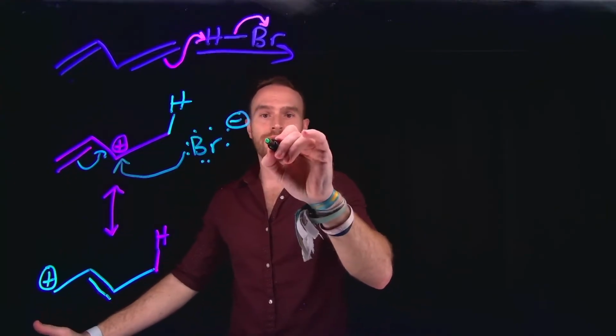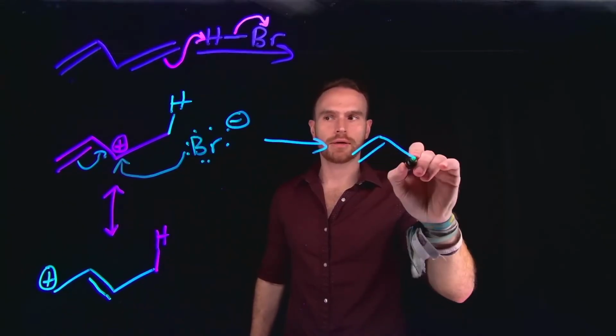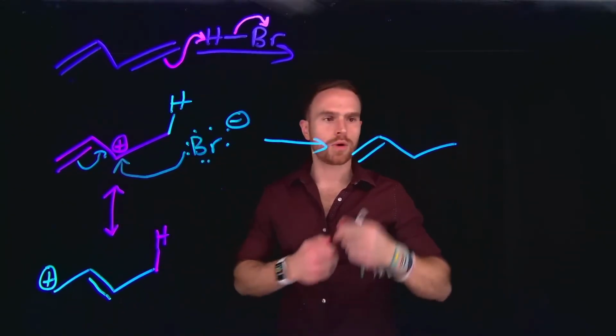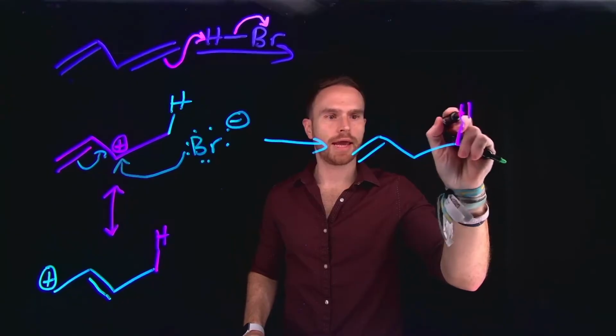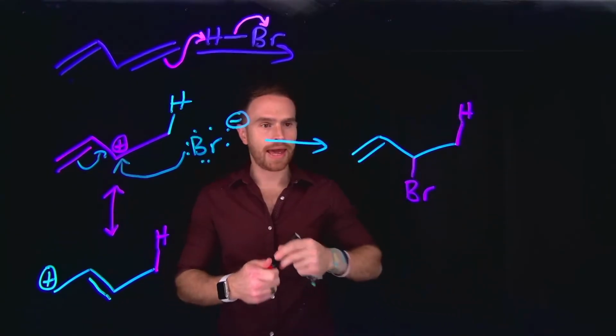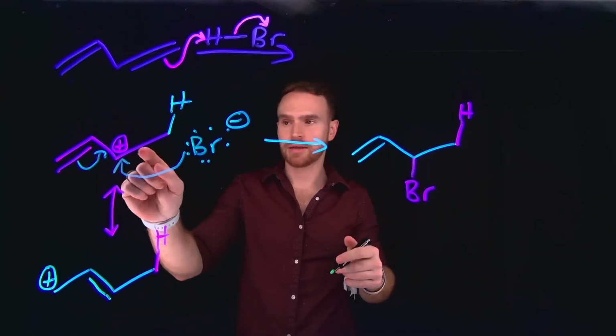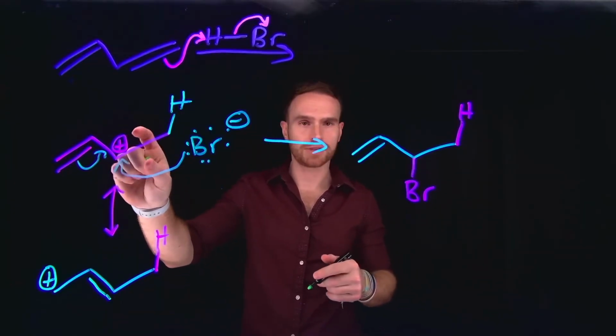So this is a very fast reaction where now we are generating a new product where we have added our H and our Br. And this is because it's so fast, because again, this is a slightly more stable resonance structure.